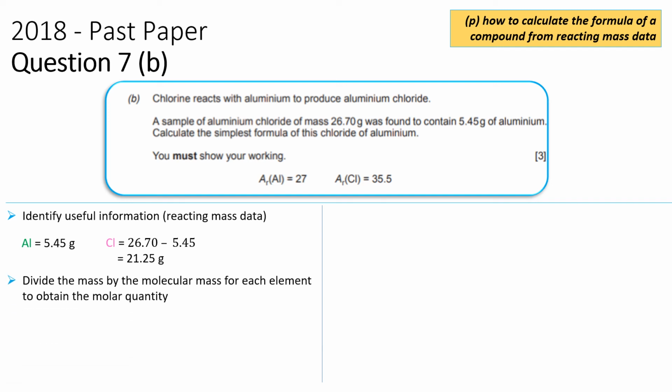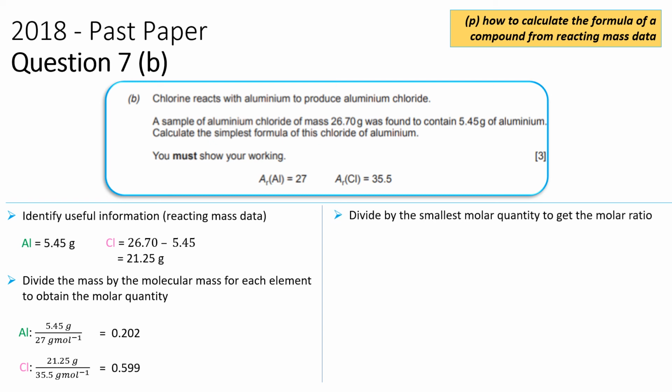Divide the mass by the molecular mass for each to obtain the molar quantity. So for aluminium, it's 5.4 grams divided by 27 grams per mole, which gives you 0.202. And for chlorine, 21.25 grams divided by 35.5 grams per mole, and that gives you 0.599.